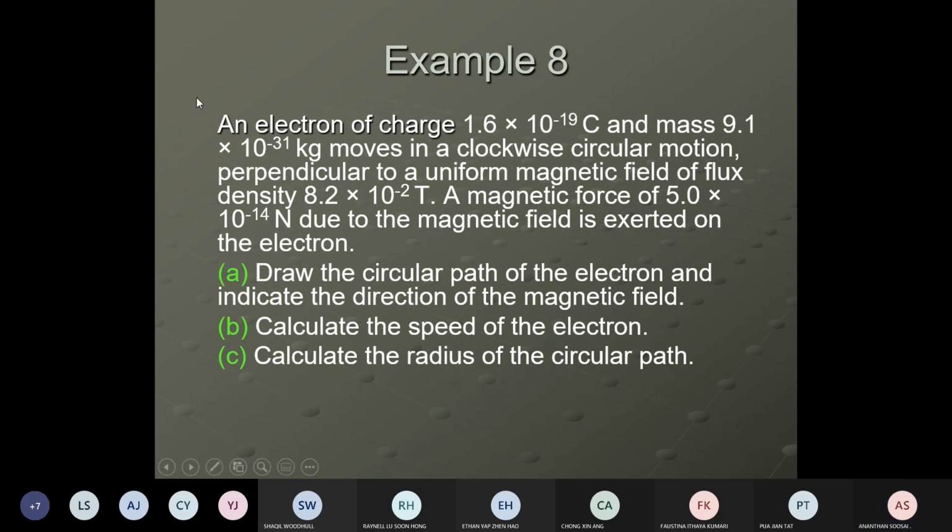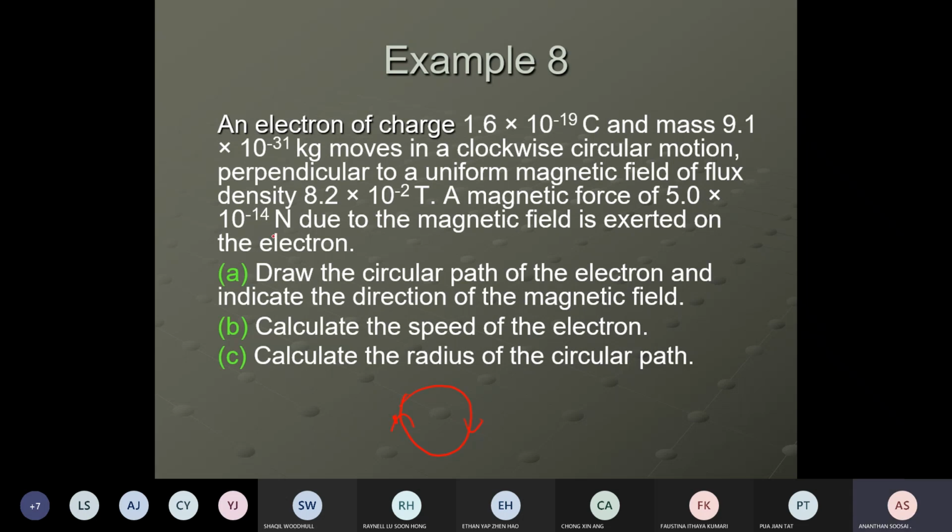One example. Okay, let's do it together. I give you 2 minutes. Try to explore this question. An electron of charge this and mass of 9.1 times 10 power negative 31 kilogram moves in a clockwise circular motion perpendicular to a magnetic field of flux density of this.